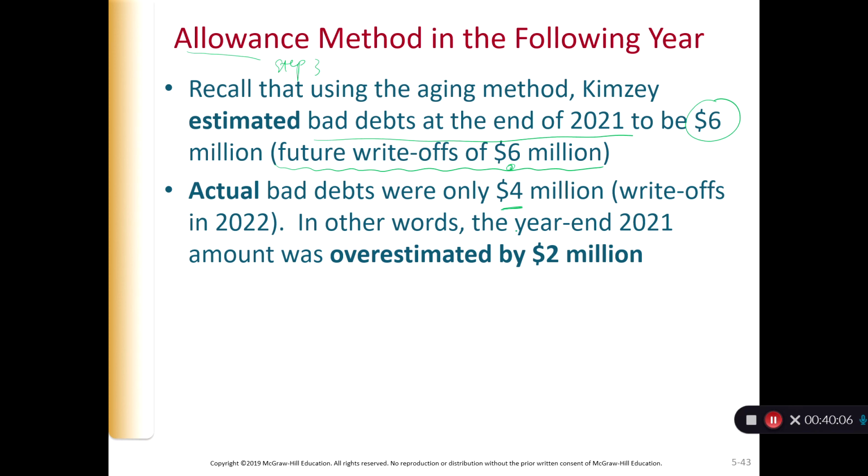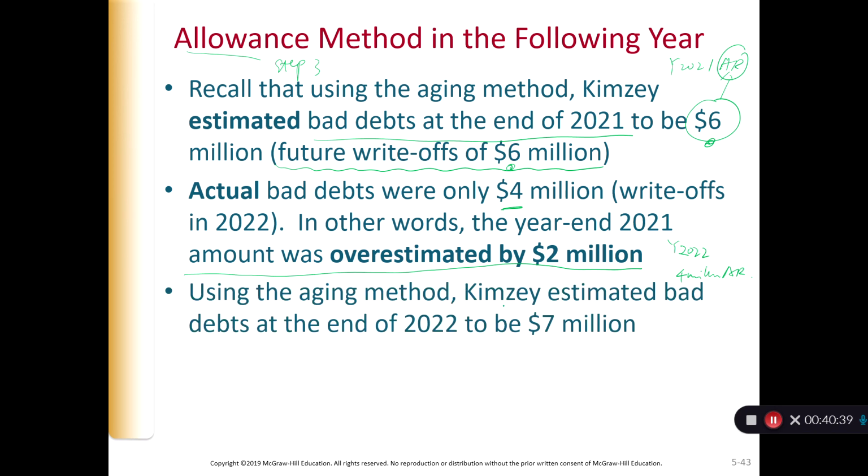In other words, the year-end 2021 amount was overestimated by $2 million. So they were too pessimistic.